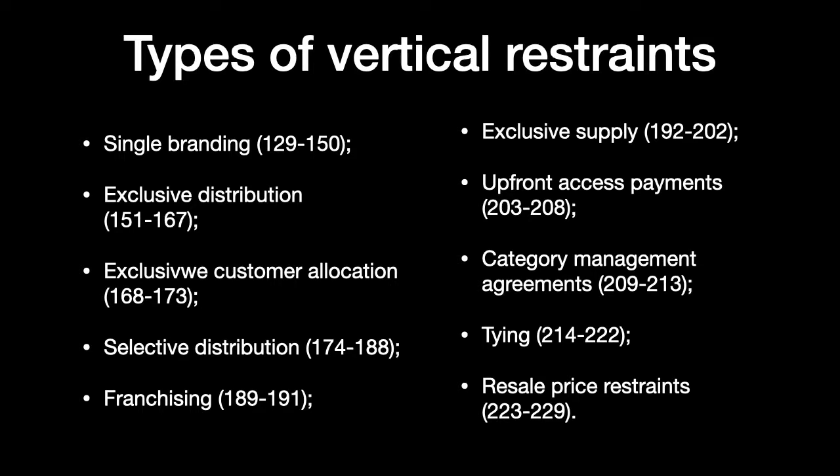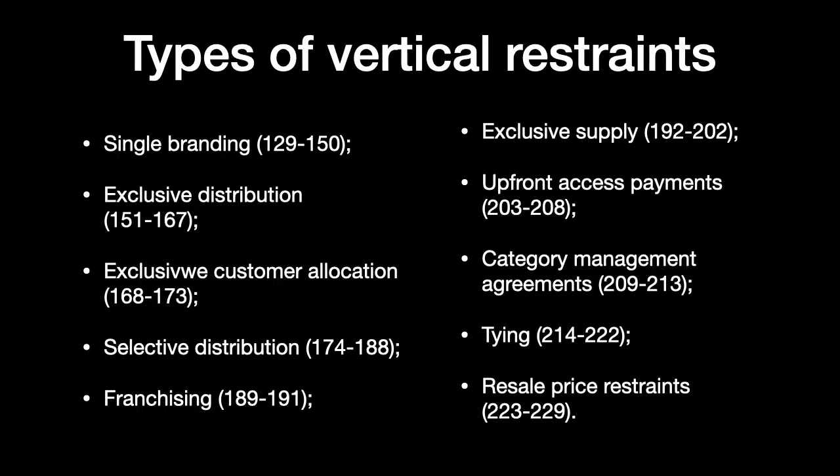For our final slide, let me just list the specific types of vertical restraints that are analyzed in much more detail by the European Commission guidelines on vertical restraints. So firstly, we have single branding. So this includes, for instance, non-compete obligations.